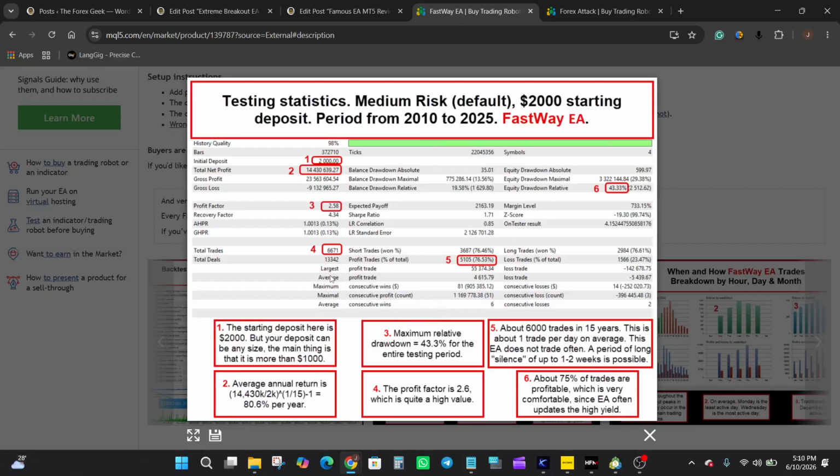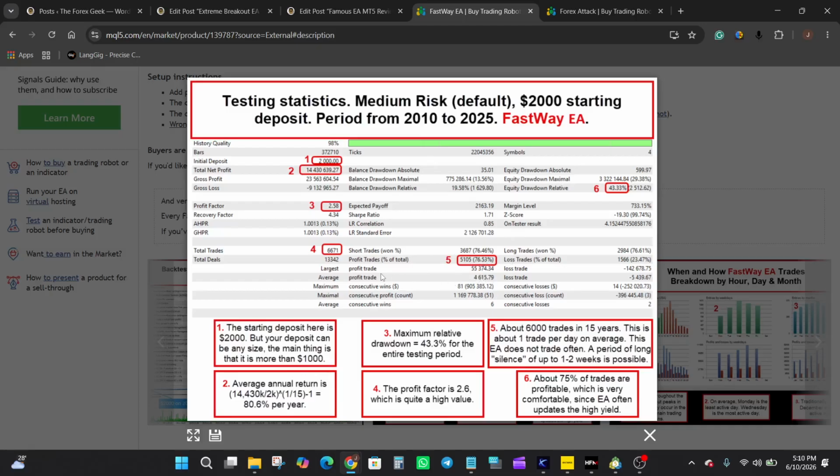Okay, the largest profit was 55,374.34, and the largest loss was 142,678.75. Average profit was 4,615.79. Average loss 5,439.67. So this tells me that the average risk to reward ratio is pretty bad, because the average loss is bigger than the average profit, but the win rate is quite good.